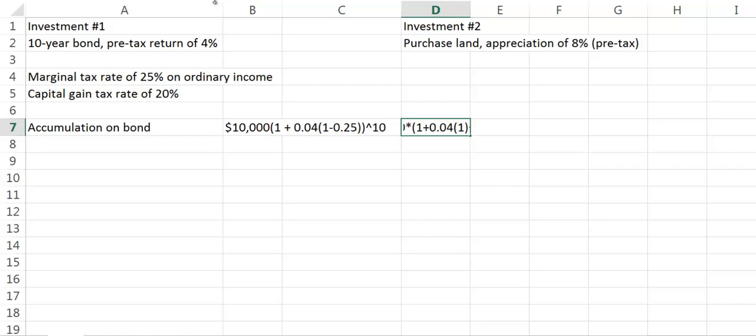So now I'm going to add in my tax amount. I'm just going to make sure that I have enough parentheses and I'm doing all of my order of operations correctly. It does look like it's good.